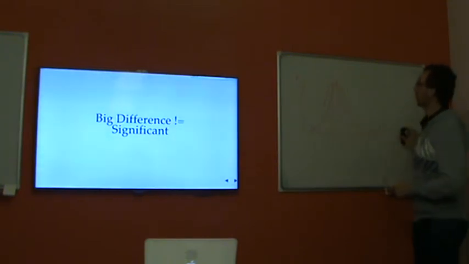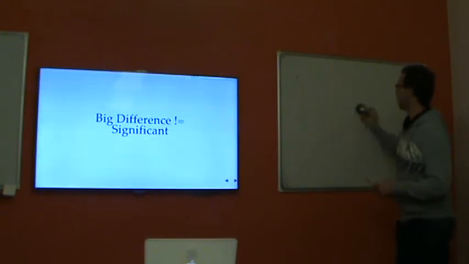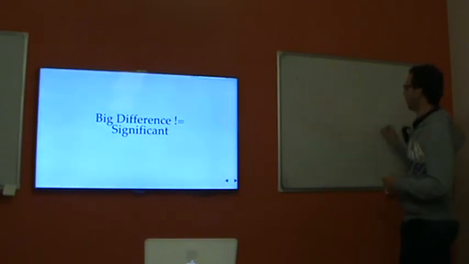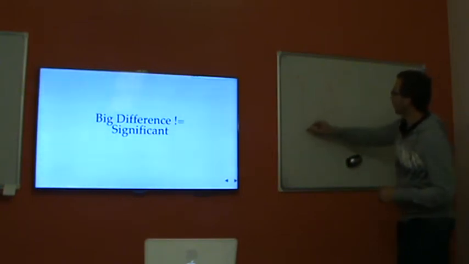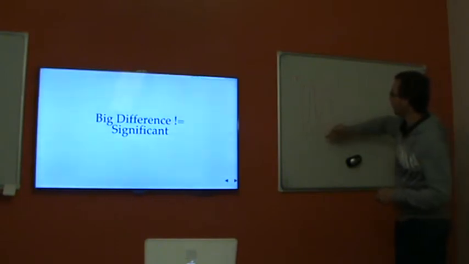Or worse, you could have another distribution over time where you have a normal one for that one, and because you have a very big peak and a low one there, the average for the second one is lower.